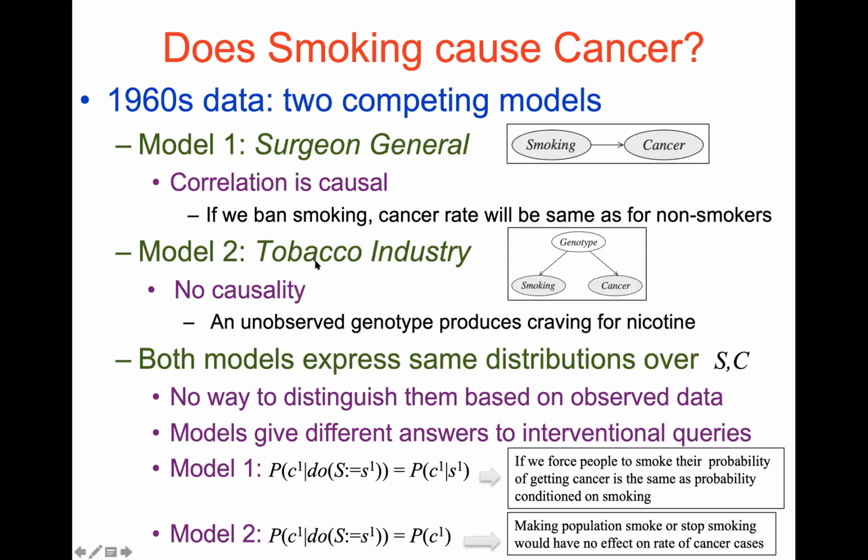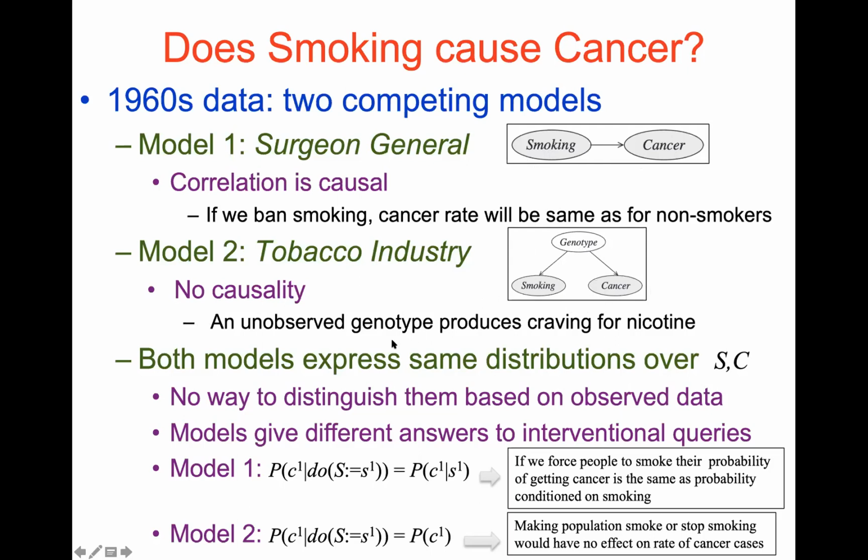The tobacco industry employed some statisticians who said, well, who says there is causality between smoking and cancer? And said there is no causality. And you are seeing correlation between smoking and cancer? That's because the causal network is like this: there's a certain genotype, all right?